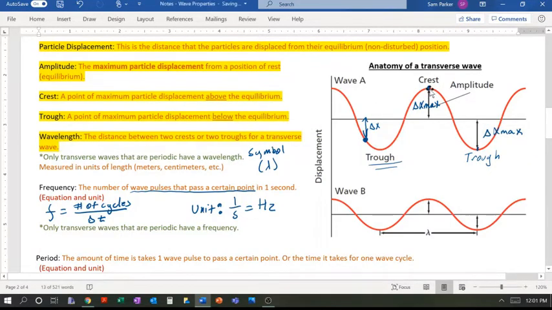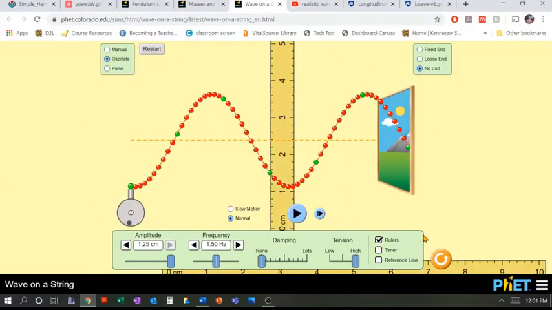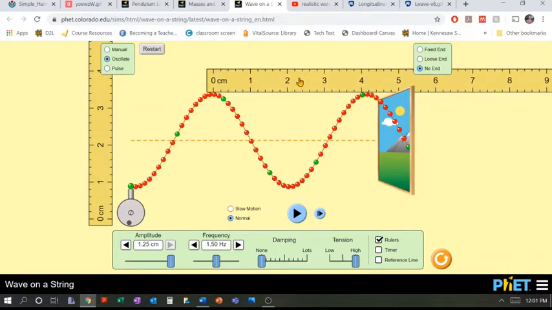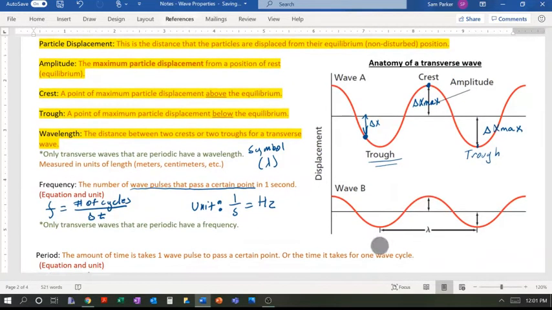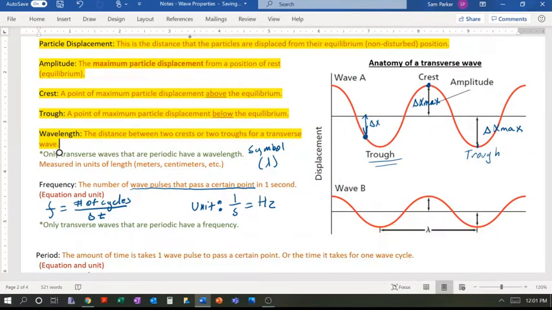If you took a ruler, I paused this one so I could actually take a ruler and measure the wavelength of this wave. It's going to be the distance between two crests or two troughs. So this shows you here how to measure one wavelength right there, but you could measure wavelength in a couple of ways.